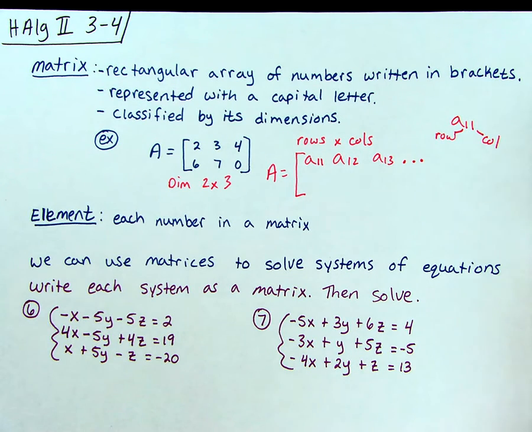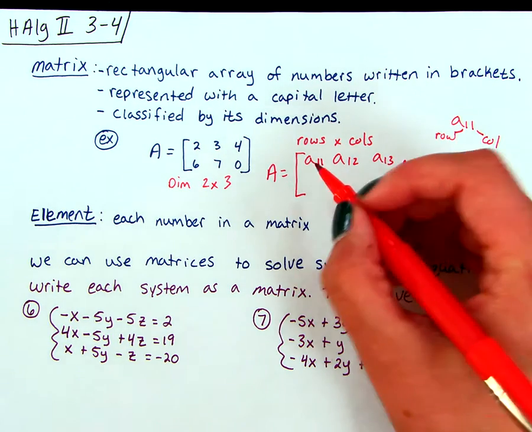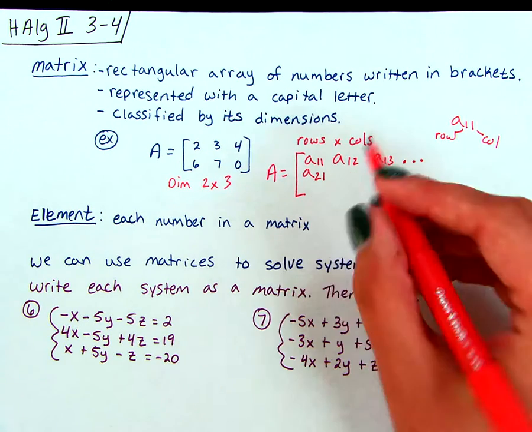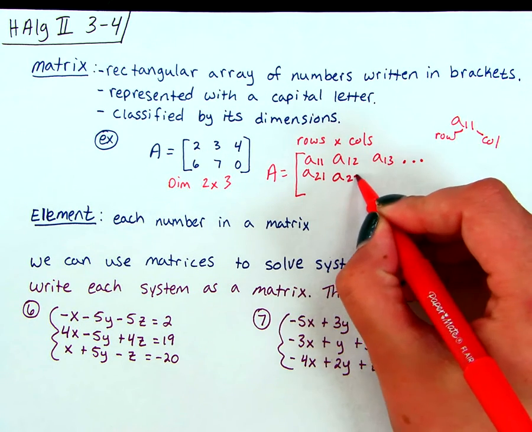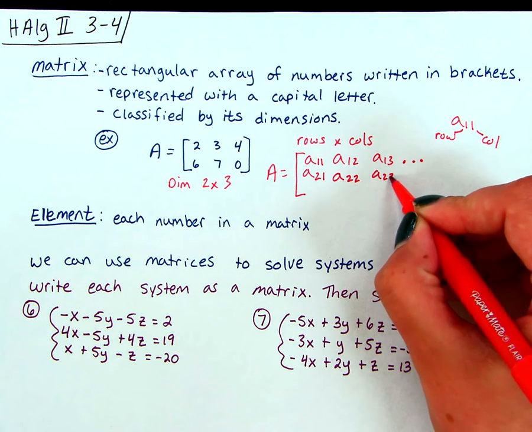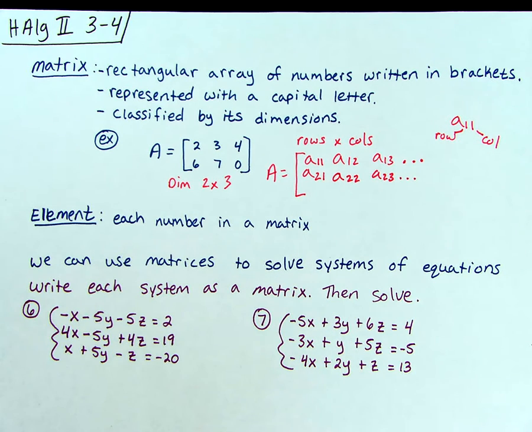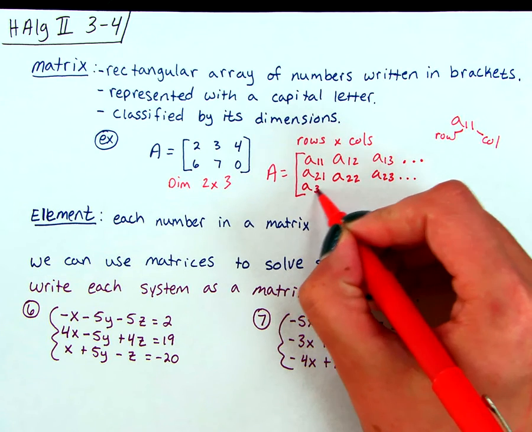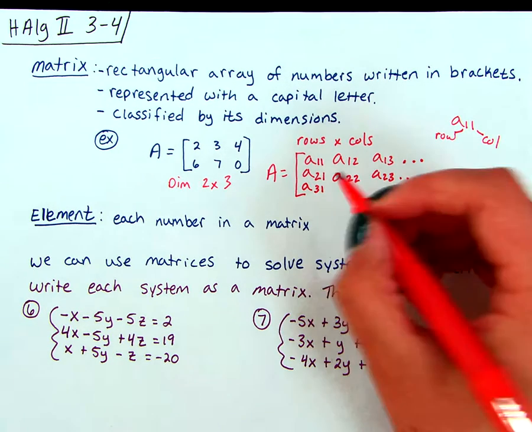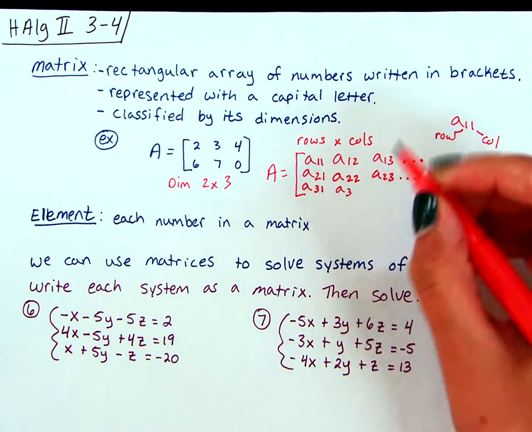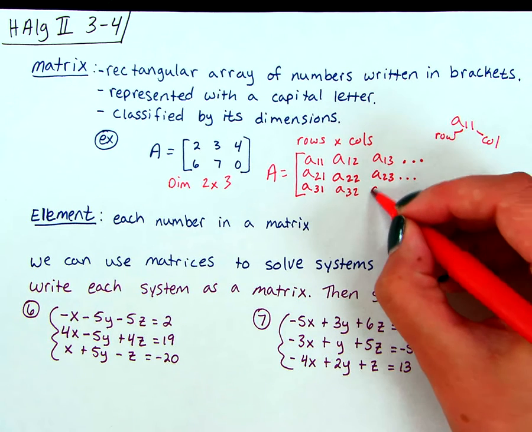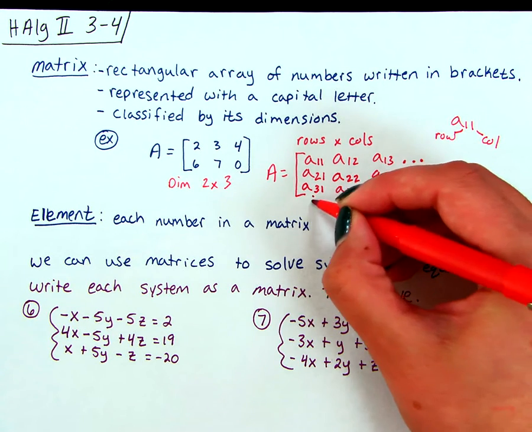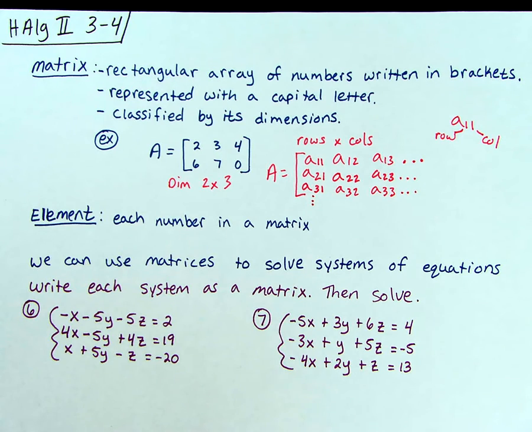Okay. And again, we can add to this. So I would have A21. So again, second row, first column. A22, A23. And again, we can keep repeating that. And again, my next one, I would have A31, so third row, first column, A32, A33, and again, we can go on forever, and I can keep adding to my rows here.